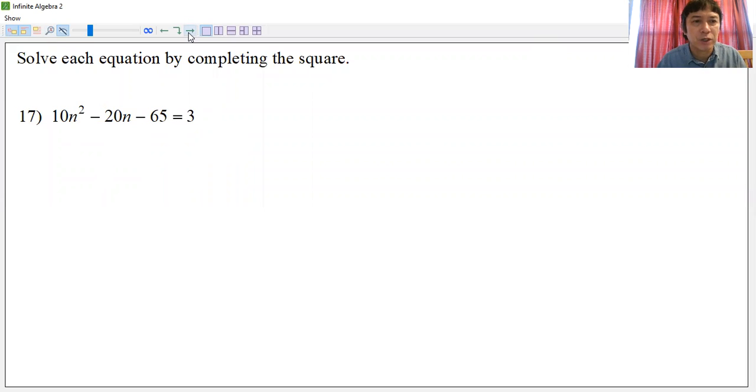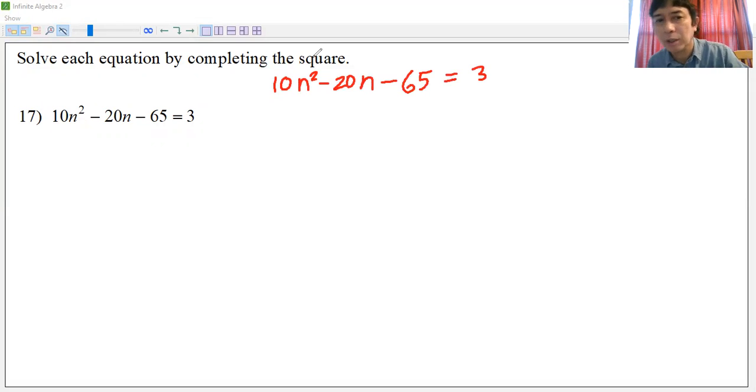10n squared minus 20n minus 65 equals 3. Solve the equation by completing the square. Let's copy the problem first: 10n squared minus 20n minus 65 equals 3. Again, our n squared here does not have a coefficient of 1, it's a 10. So we will have to factor out the 10.